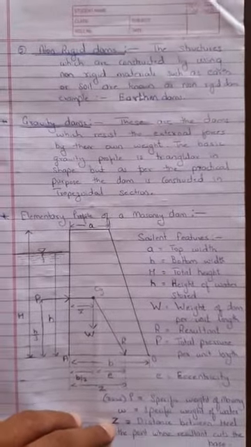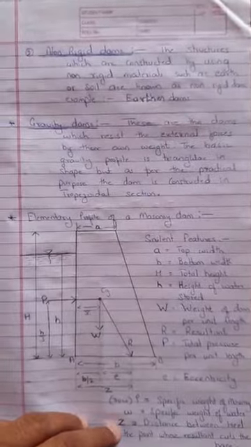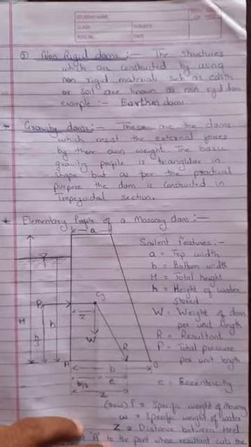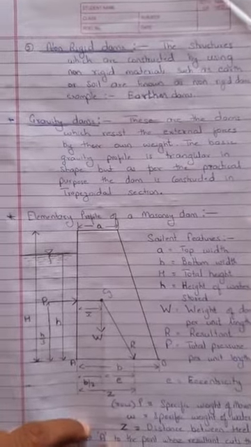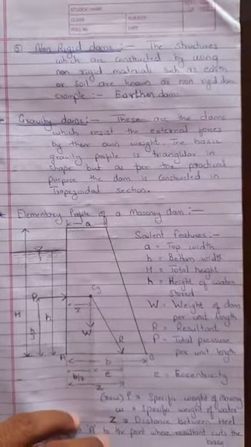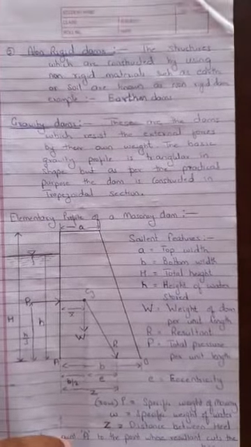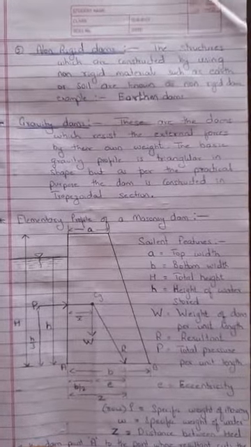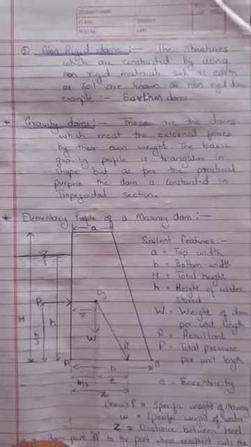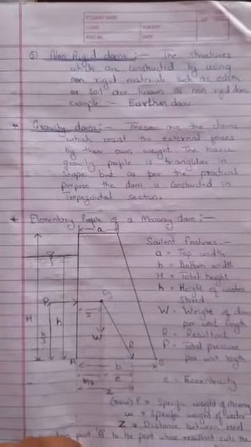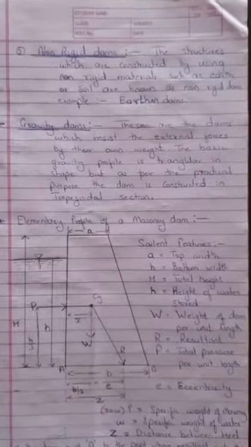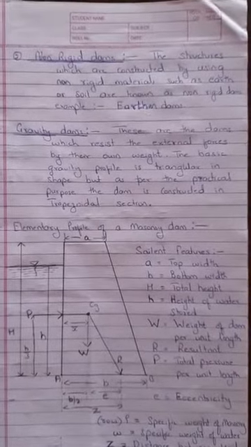The dams resist all the external forces by their own weight. The weight of the dam is such that all the external forces acting on the dam, such as water pressure, uplift pressure, wind pressure and wave pressure, every external force will be resisted by the self weight of the dam. Hence these dams are called gravity dams.